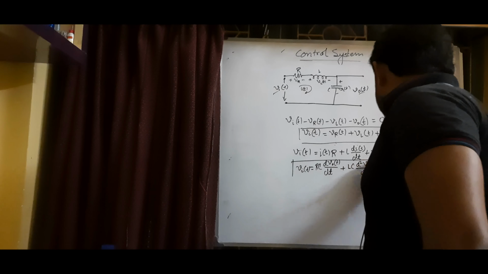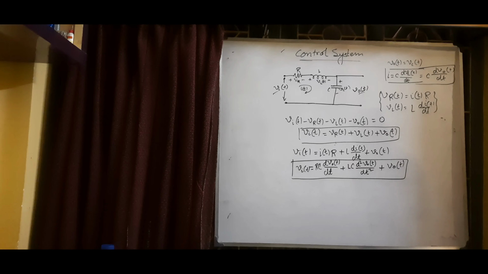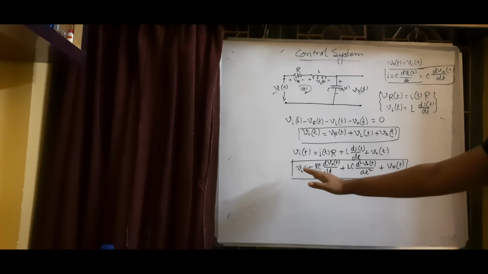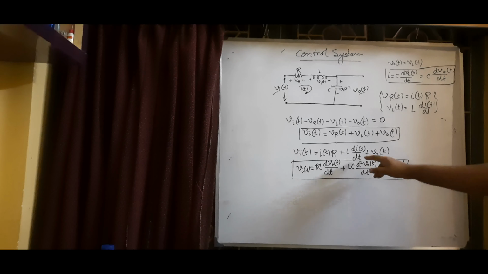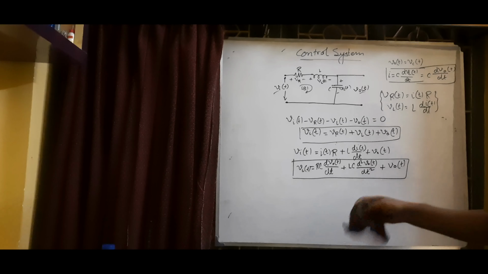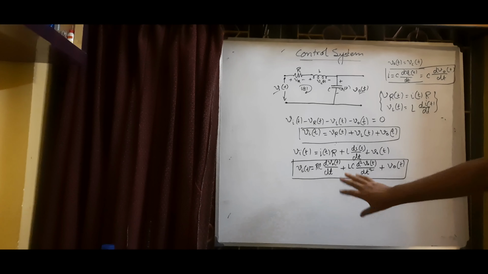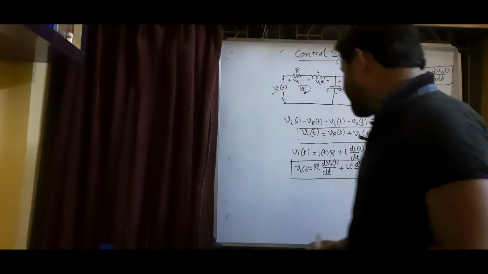So this is the governing differential equation of this system: v_i(t) equals RC dv_0(t)/dt plus LC d²v_0(t)/dt² plus v_0(t). Now if I arrange it a little bit, it will look like the similar form, the general form I showed just earlier.